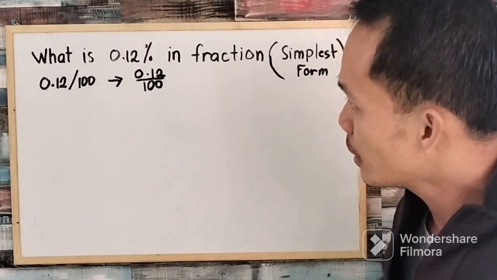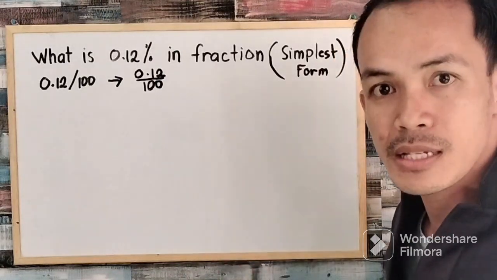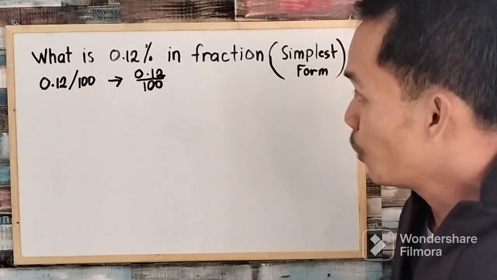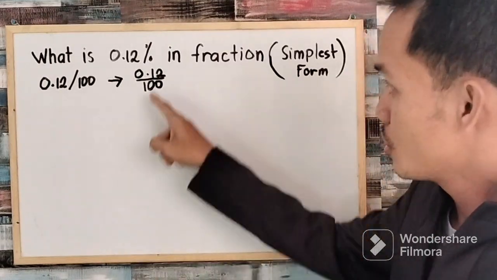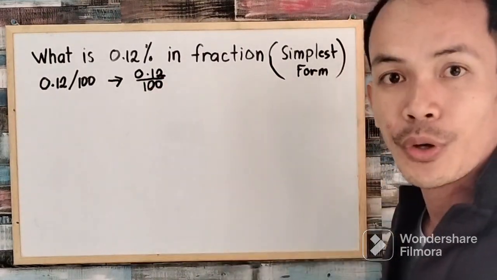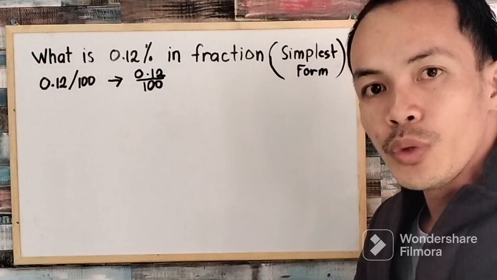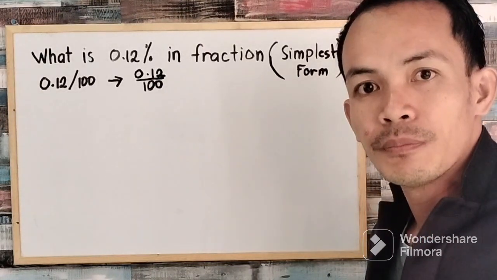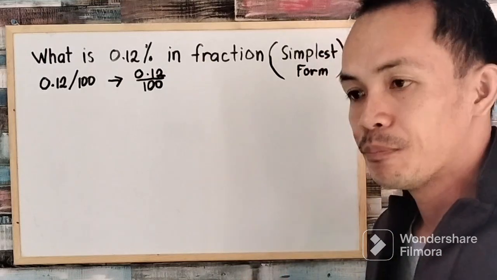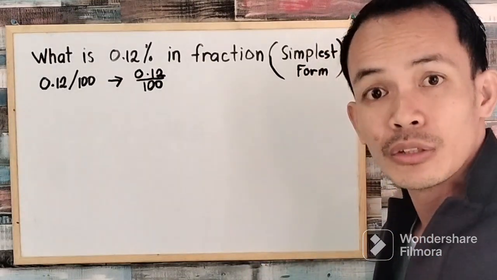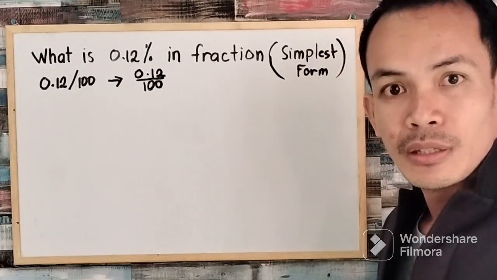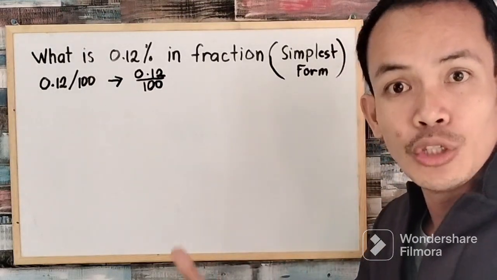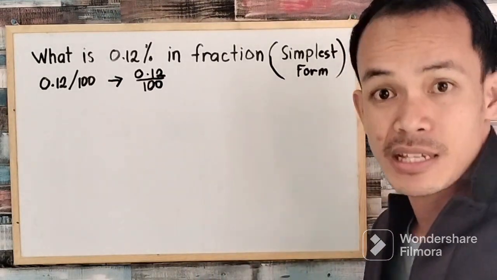So if we're gonna count the number of decimal places, 0.12, we have 2 decimal places. So we have 1, 2. Okay? Now, how can we change that into a whole number? We will just simply move the decimal point to the right. Depende kung ilan yung decimal places niya.